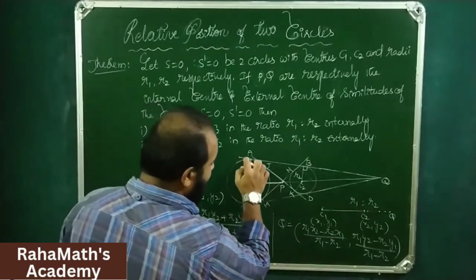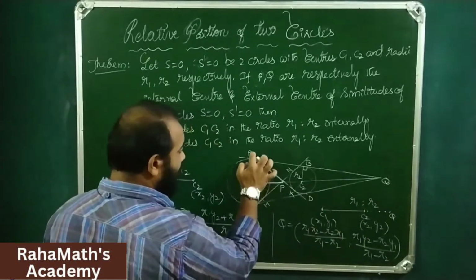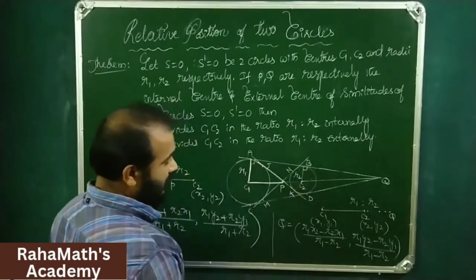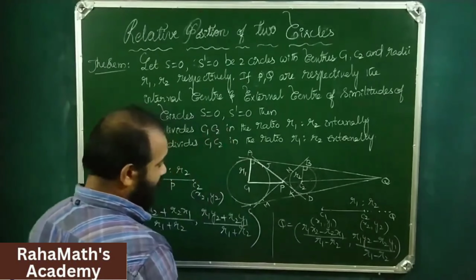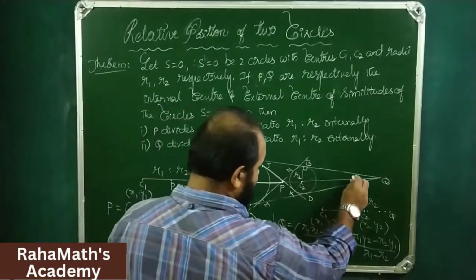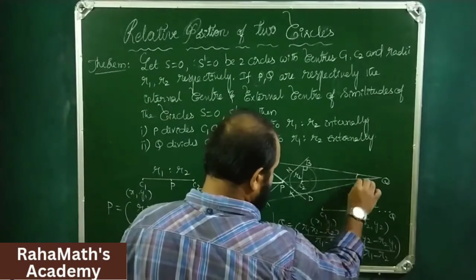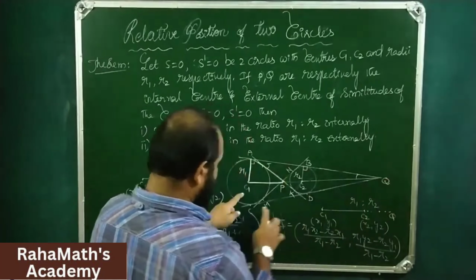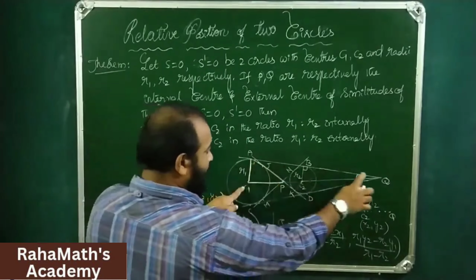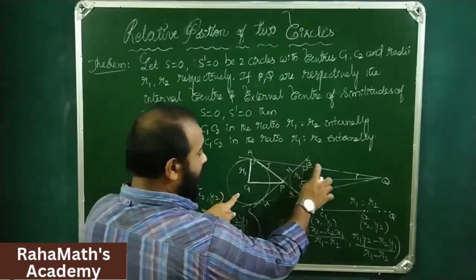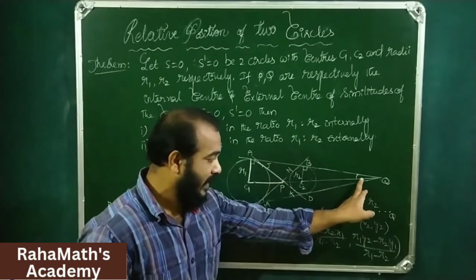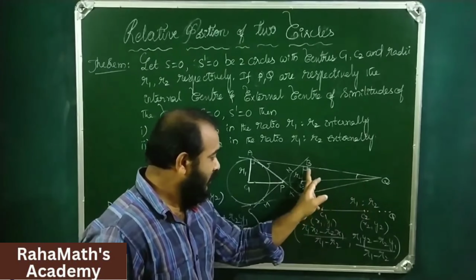This is the common tangent and this is the radius, so these two are perpendicular to each other. If I take this for both of the circles, see this C1AQ and C2BQ. These are similar triangles because the angles are 90 degrees.